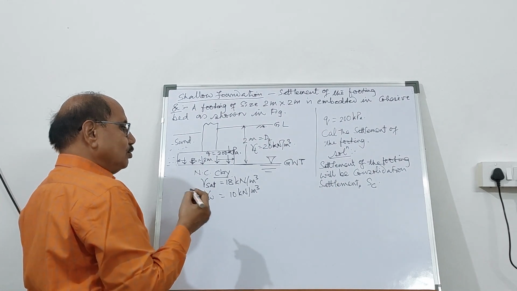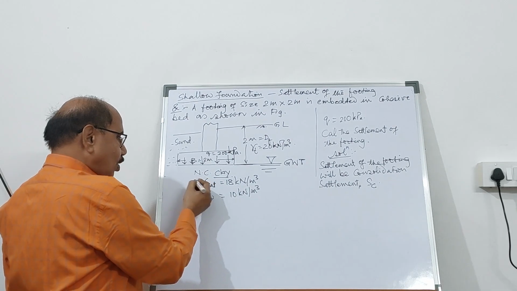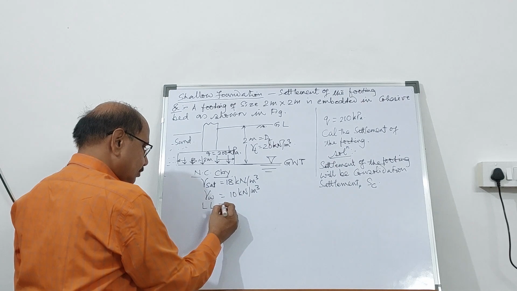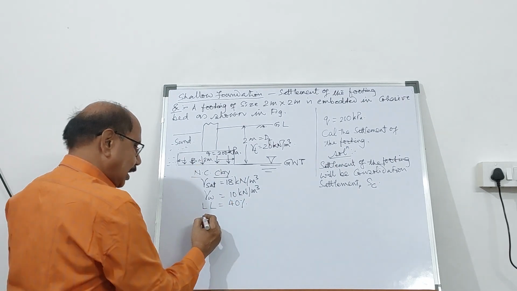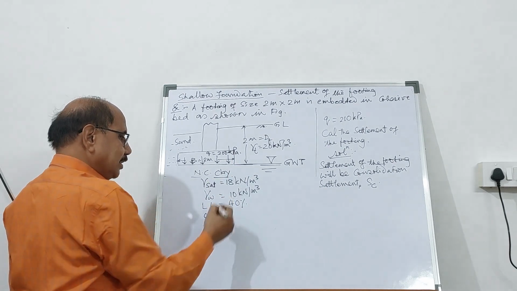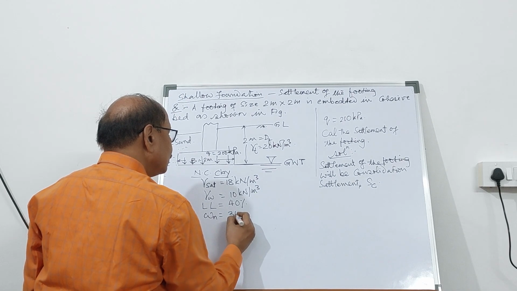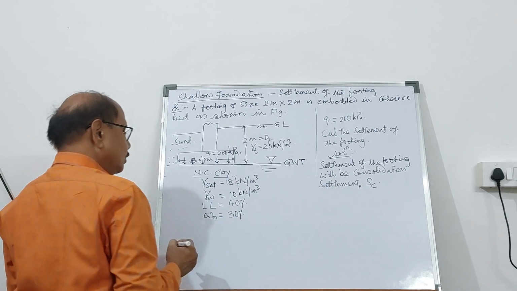So if you need to calculate, the other properties of normally consolidated clay given to you are the liquid limit, which is 40%. And the natural moisture content, fully saturated, is also known to you, it is 30%.